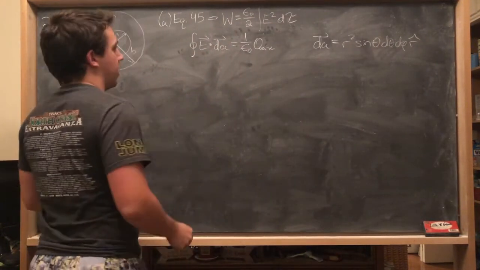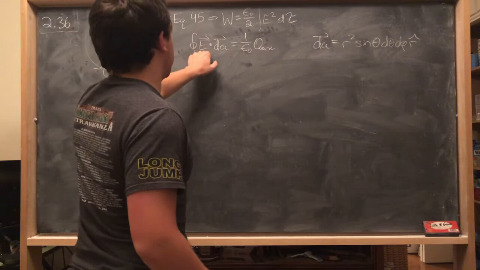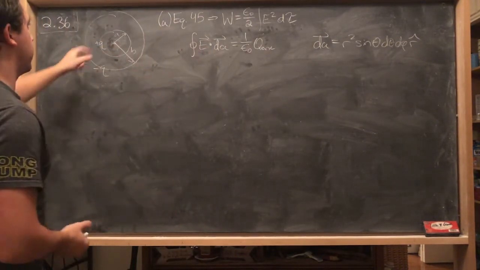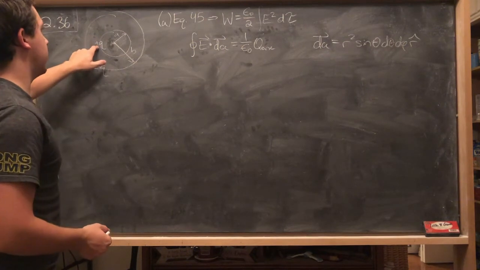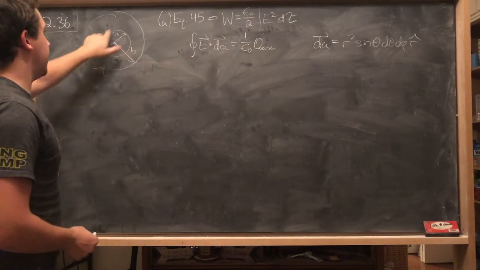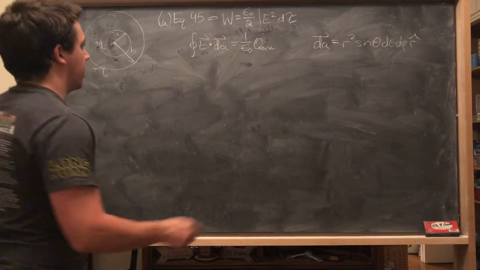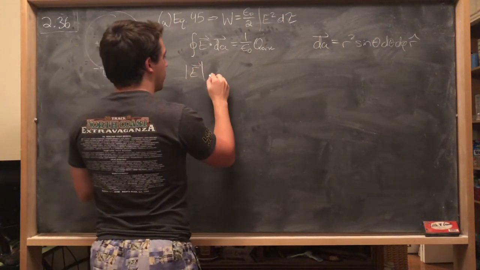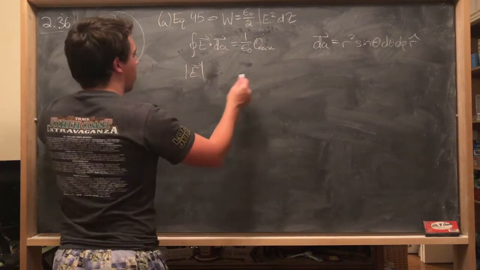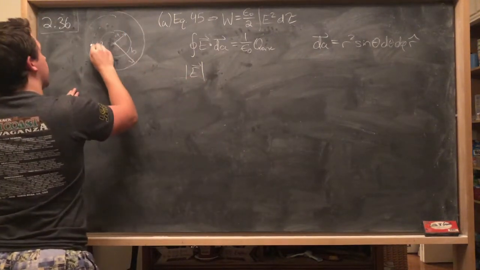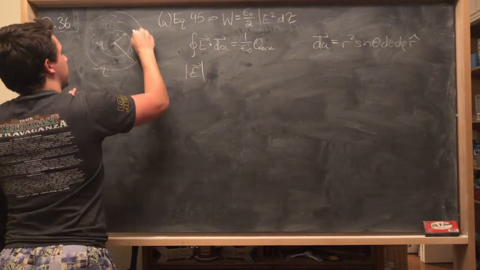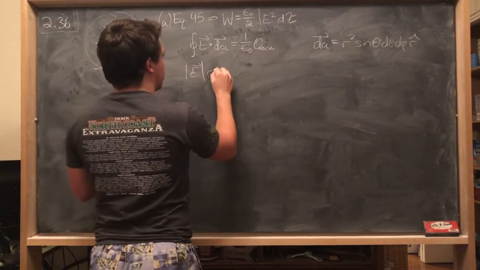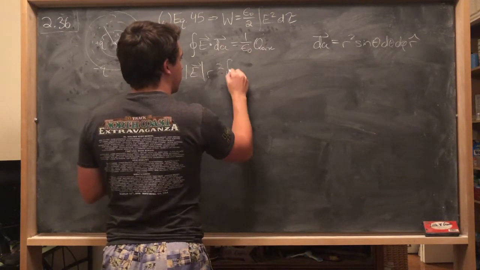And so, since we expect our electric field outside of this inner shell to point radially outward in all directions, since it's a positive Q evenly distributed over the shell, we can take this out and say the magnitude of E, and then whatever R we choose for our Gaussian surface, pull the R squared out of the integral.